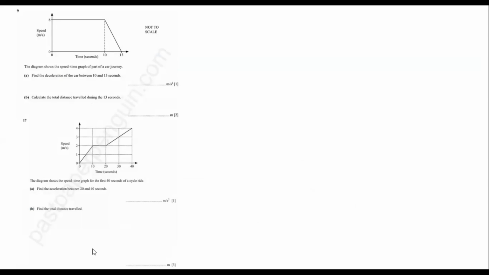Number 9. Find the deceleration of the curve between 10 and 13. Final velocity is 0 minus the initial, which is 8, over the time.